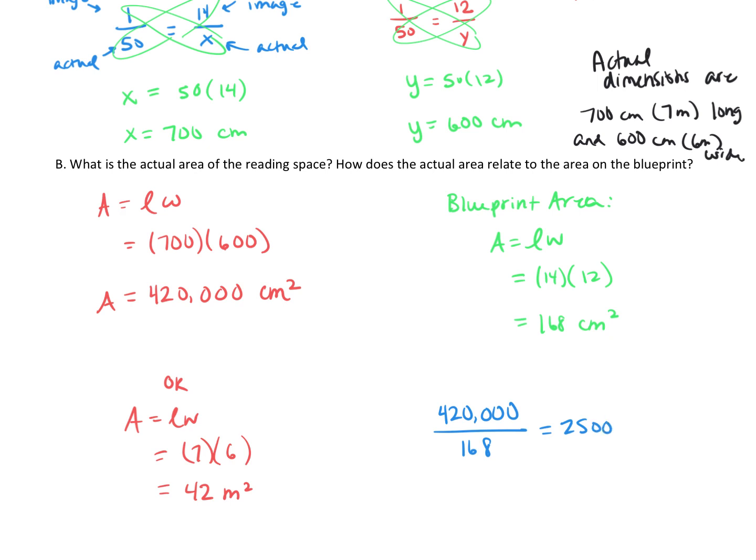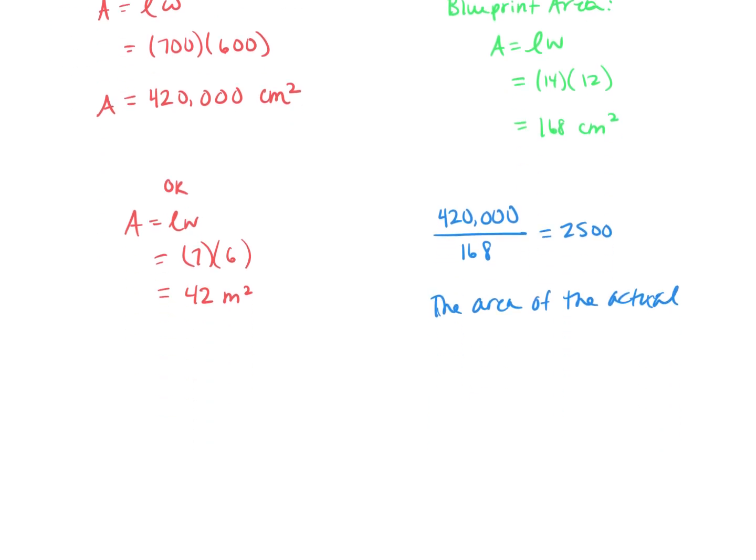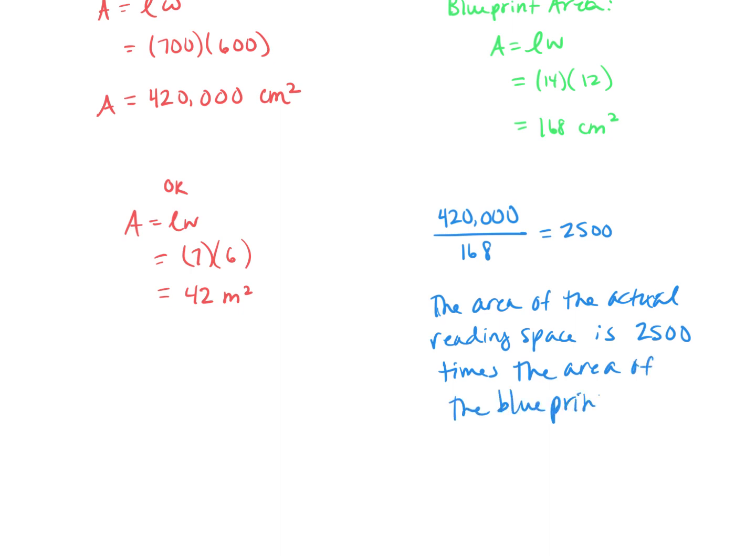So what that means is the area of the actual reading space is 2,500 times the area of the blueprint.